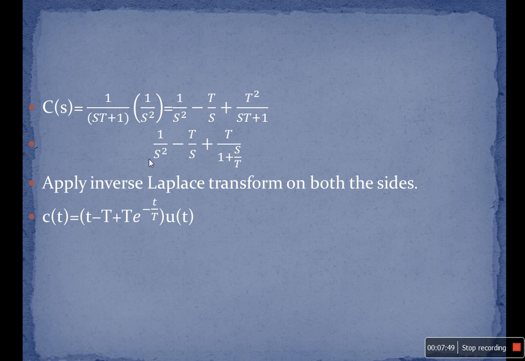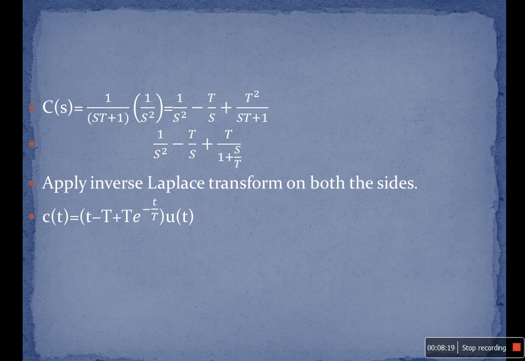So inverse Laplace transform of 1 by s square is t. Inverse Laplace transform of 1 by s is 1, but here we are having tau, so tau into 1 is tau, and apply inverse Laplace transform for 1 by 1 plus s by tau. So here we are getting tau e power minus t by tau into u of t. So this is the ramp response of the first order system.